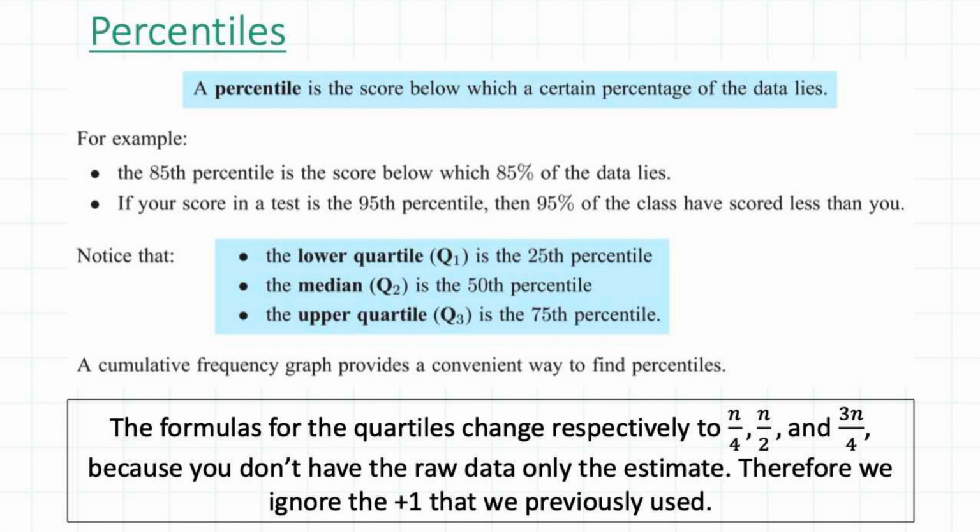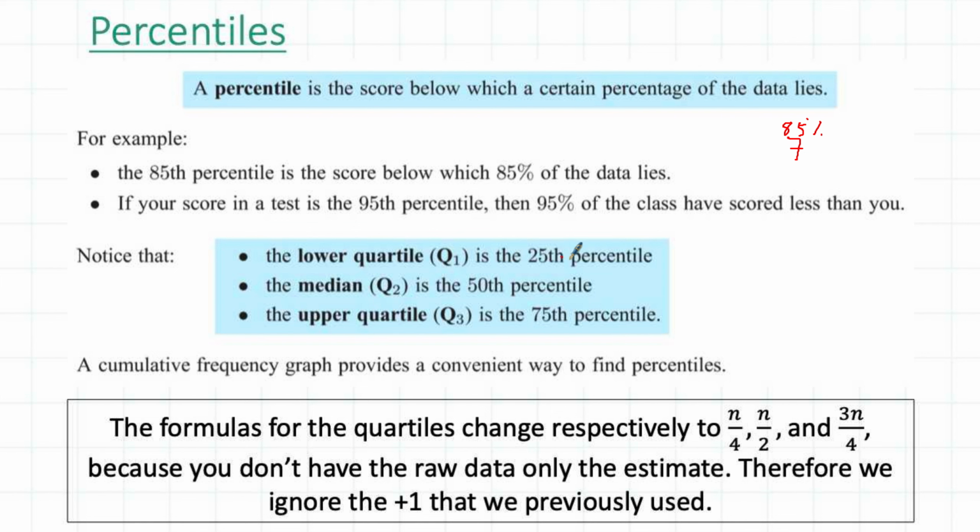So if you select a value, for example the value is 7 and this is the 85th percentile, it means 7 and below represent 85% of the data. If your score in a test is at the 95th percentile, then 95% of the class scored less than you. So we're always looking at less than that value.